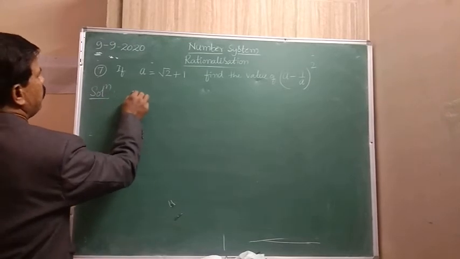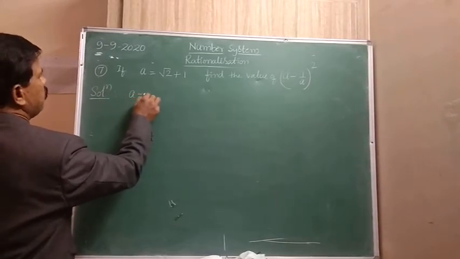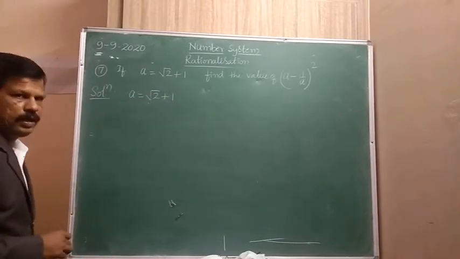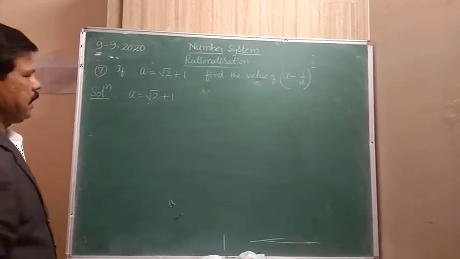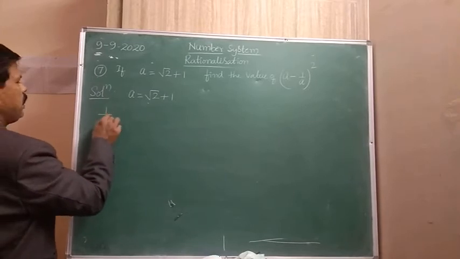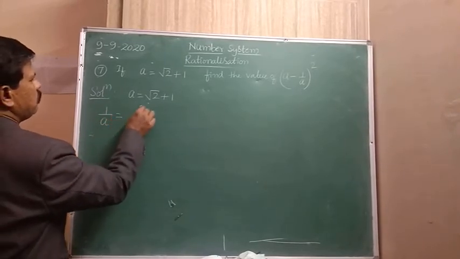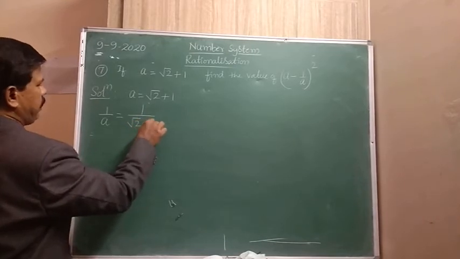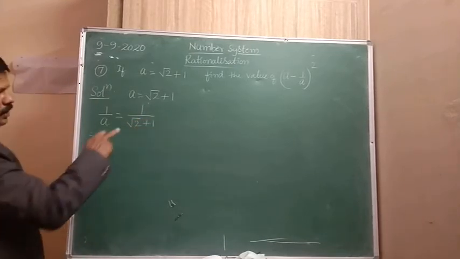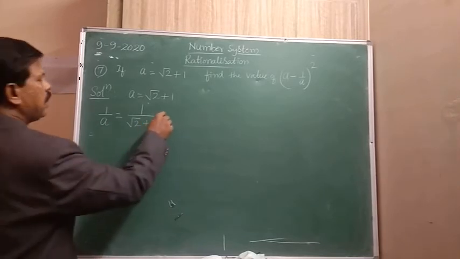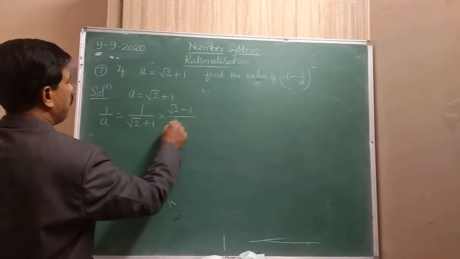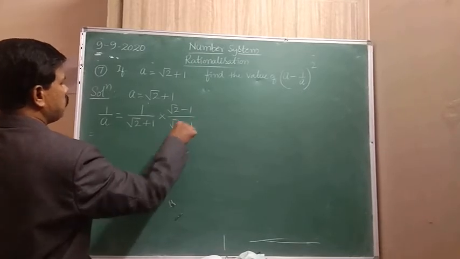A is equal to root 2 plus 1. Then we want 1 by A. Therefore, 1 by A is equal to 1 by, the reciprocal of this, root 2 plus 1. And as you are getting the denominator, rationalizing it, root 2 minus 1 by root 2 minus 1.